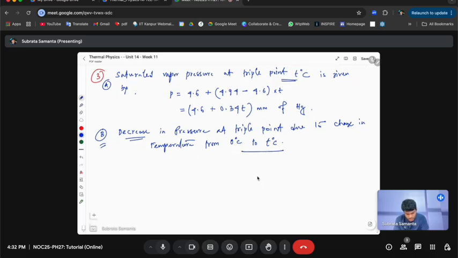What is the decrease in pressure P? The upper one is the saturated vapor pressure, and this is basically the decrease in pressure, right?